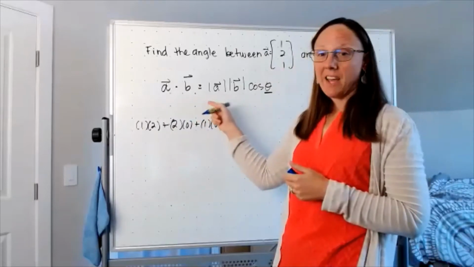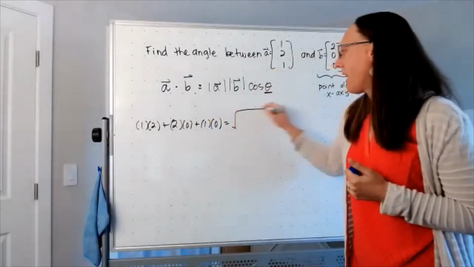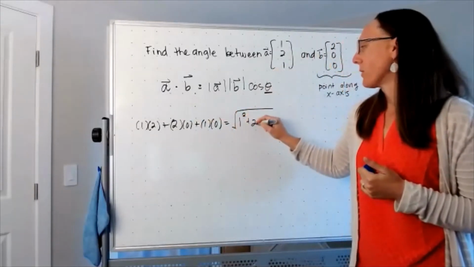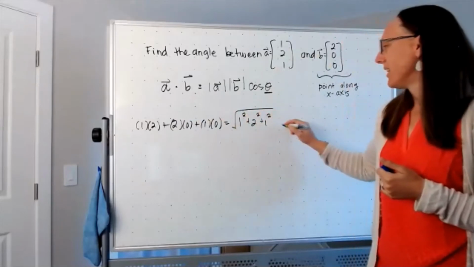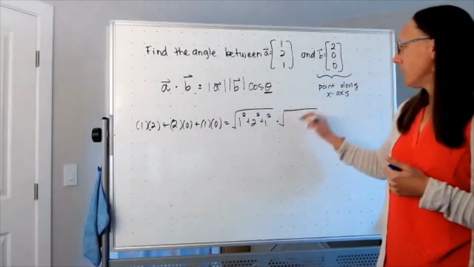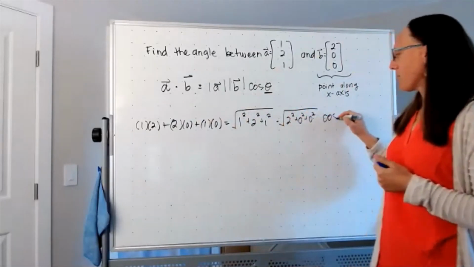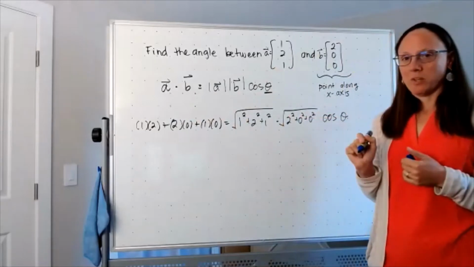On the right-hand side, I need my 2 lengths. The length of A is the square root of 1 squared plus 2 squared plus 1 squared. That's going to get multiplied by the length of B, the square root of 2 squared plus 0 squared plus 0 squared, times cosine of the angle between them.